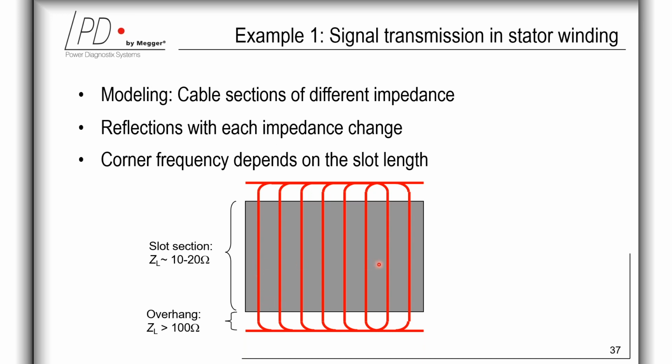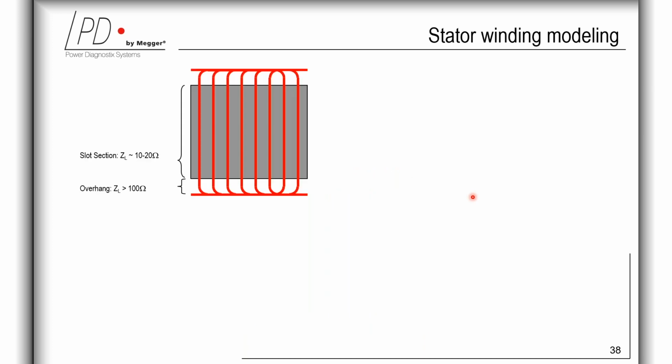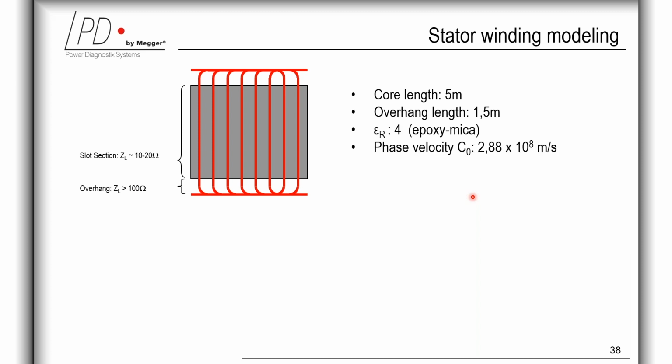And here the corner frequency depends on the slot length, which we will take a closer look at in the next slide. The reflection factor is calculated based on the impedances in accordance with the given formula. For typical winding designs, the reflection factor is 80% and can also be more.